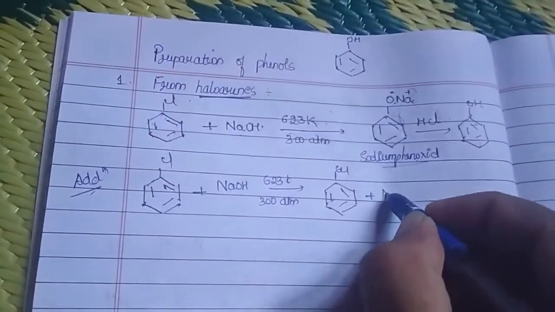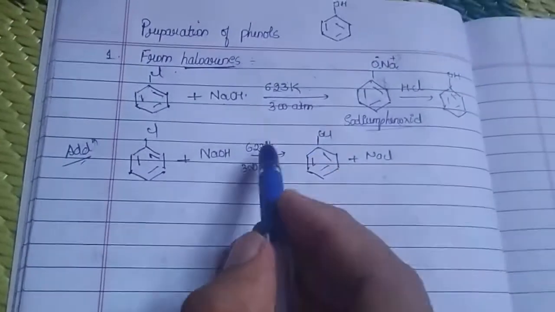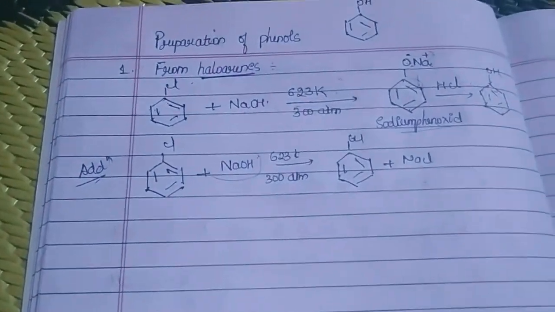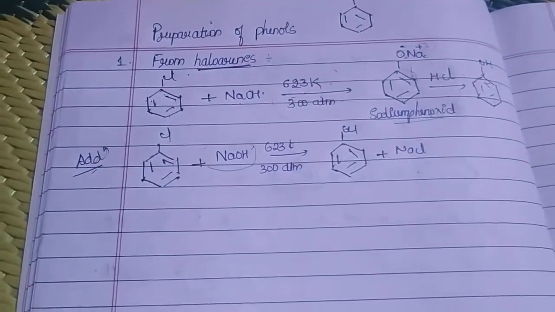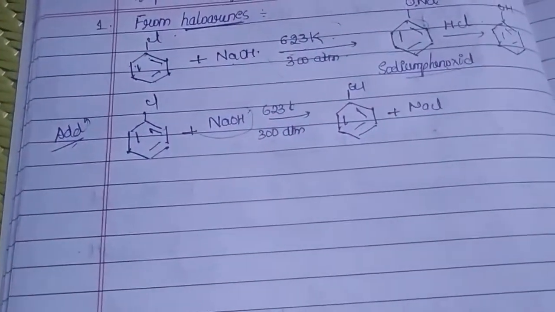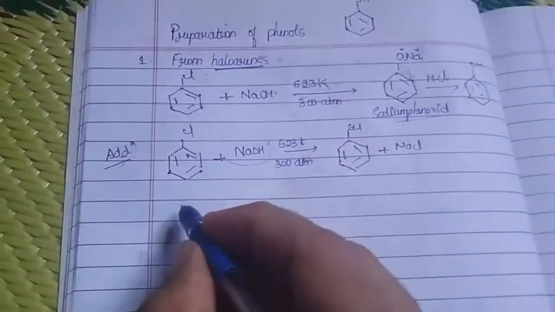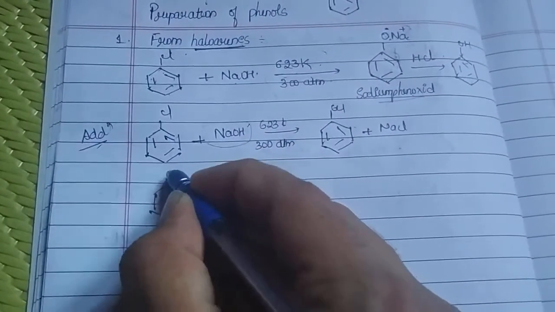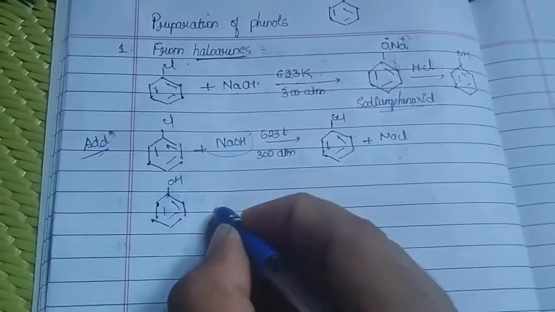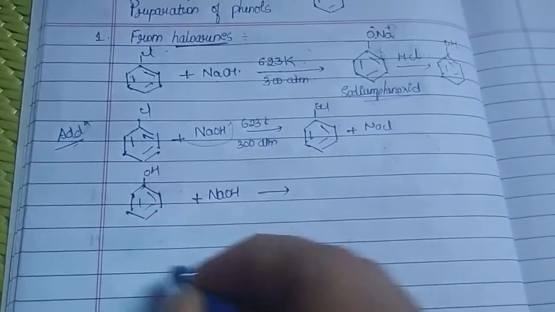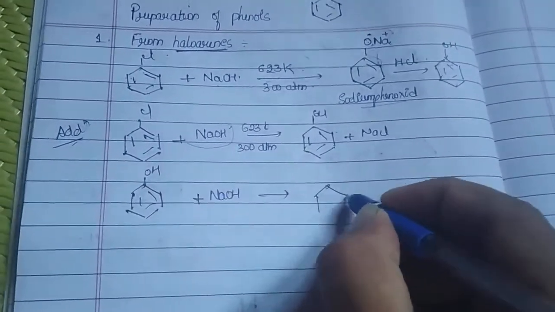But since we have taken NaOH in a greater amount, the basic strength of the solvent will be very high. So whatever phenol has been obtained will not be extracted. Instead, it will once again react with the NaOH present in the system. From that reaction, sodium phenoxide is formed.